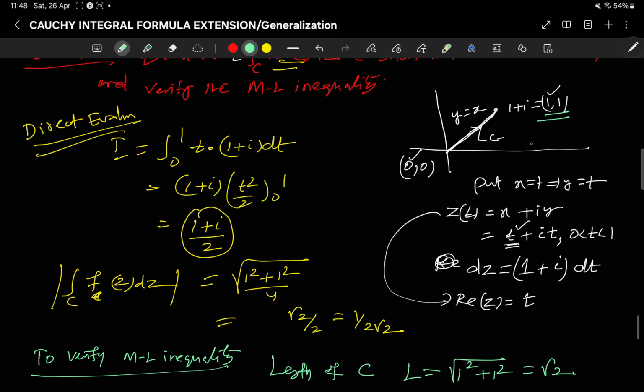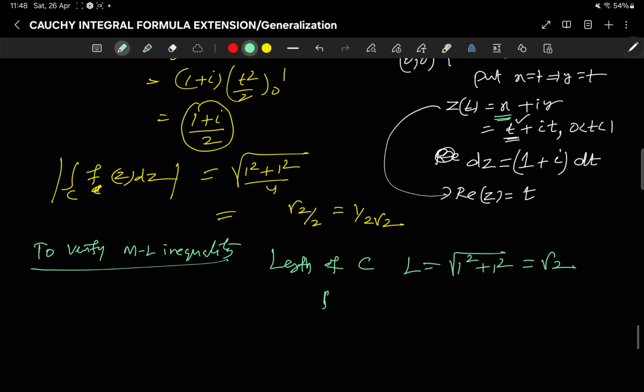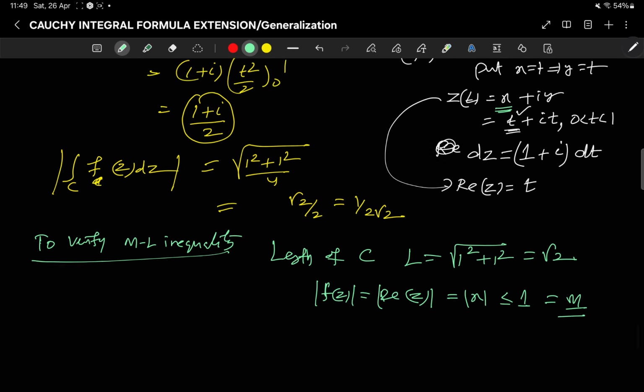Now what is the real part of z? The real part of z is x. So f(z) is the real part of z, so its modulus is the modulus of x. Is it not less than 1? So I am getting M as 1.